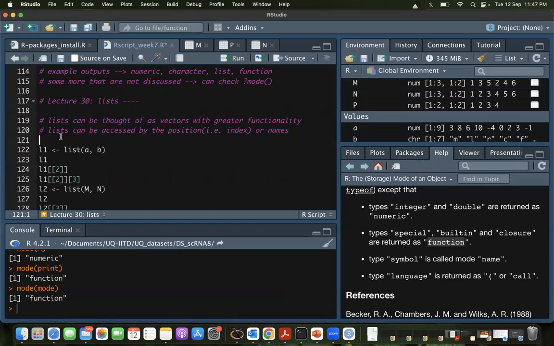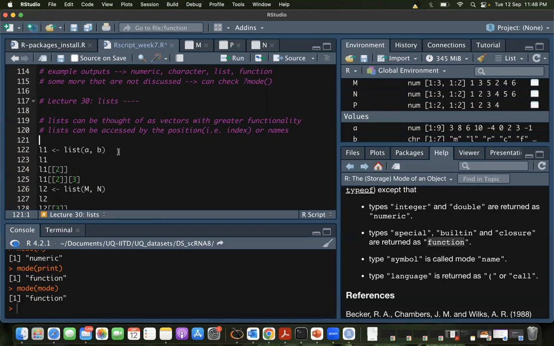We say that a vector has multiple numbers or multiple characters saved in it, right? It has positions. So first position, second position, third position, and so on. But normally each position in a vector is just going to be a single number or a single character. But in case of list, you can have several individual elements.